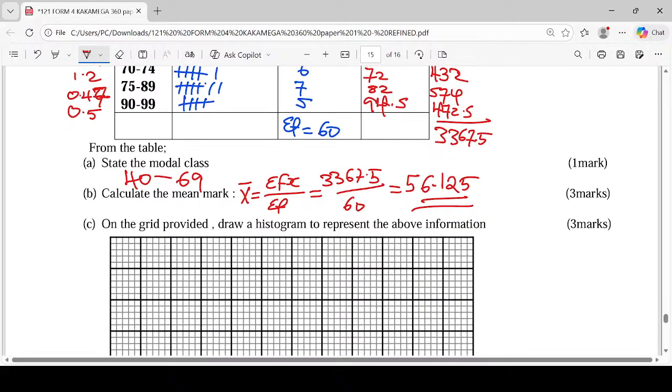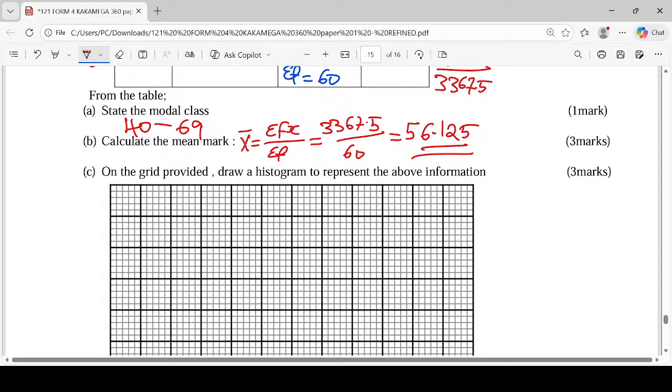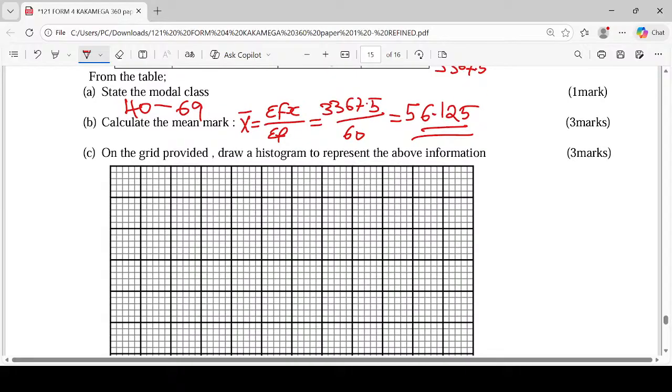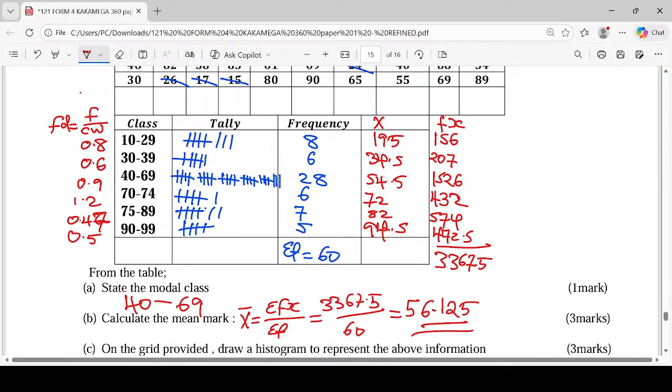After realizing that, the next step to be done is a very simple step. When you look at your values, the maximum is 1.2.